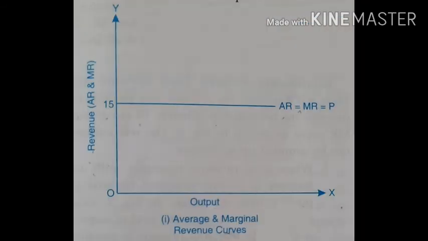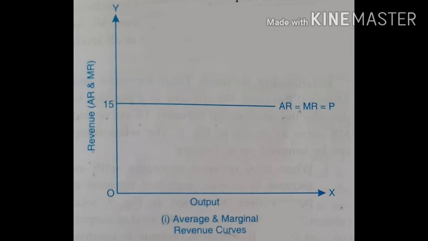Now graphically, the first diagram shown here is the diagram of average revenue, marginal revenue or price. On the OX axis you are depicting the output of the firm, and on the OY axis you are showing the revenue, that is average revenue, marginal revenue and price. They all coincide in the same line, and it is a line parallel to the OX axis because price is equal to average revenue and equal to marginal revenue.